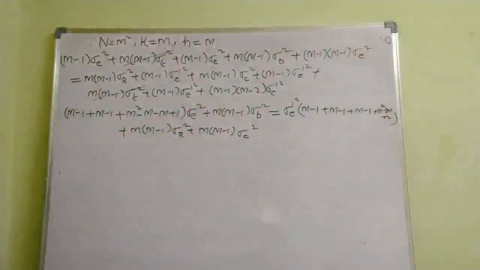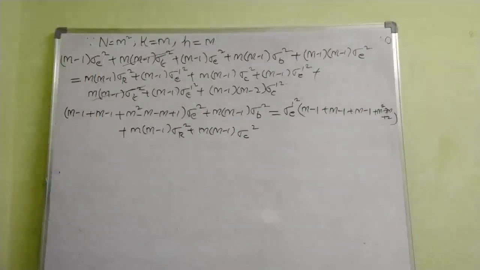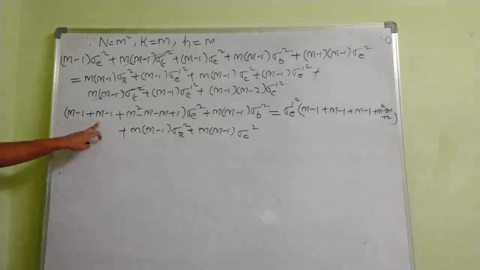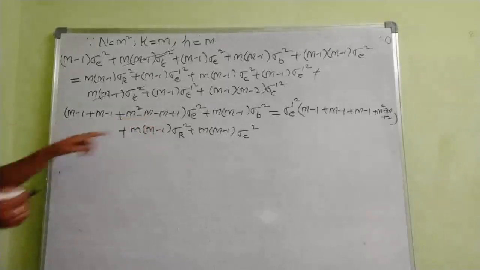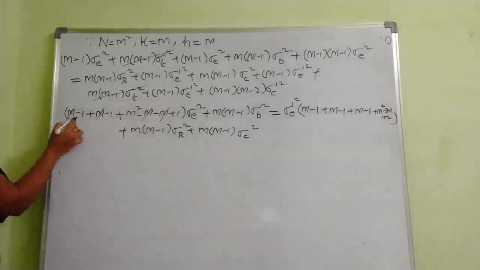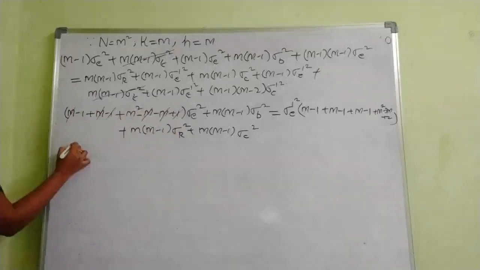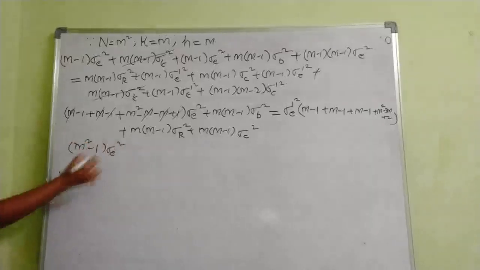Now simplify this one. If you simplify, m plus m minus m, these terms get cancelled. So minus 1 plus 1 also gets cancelled. So the left out terms are m square minus 1 into sigma e square.